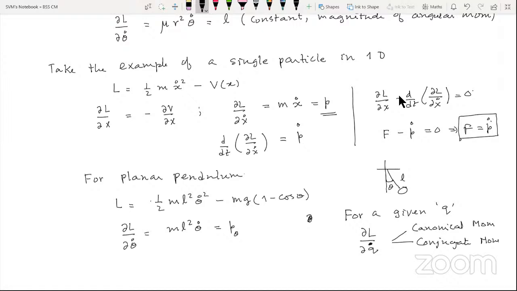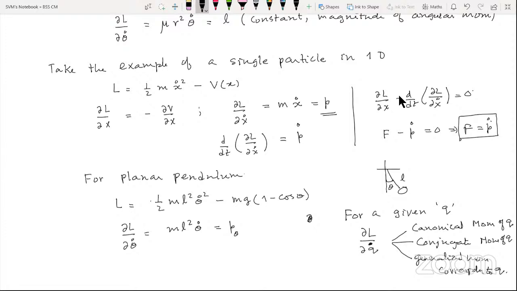Canonical momentum of q, conjugate momentum of q, also called generalized momentum corresponding to q. Okay, so these are some names. Sometimes one name is used, or sometimes canonically conjugate or canonical momentum, like that it is used.